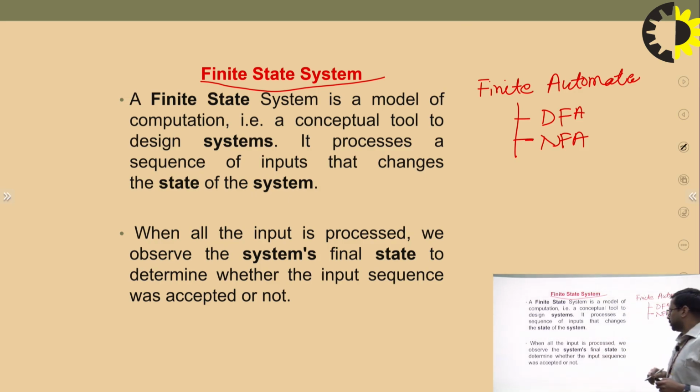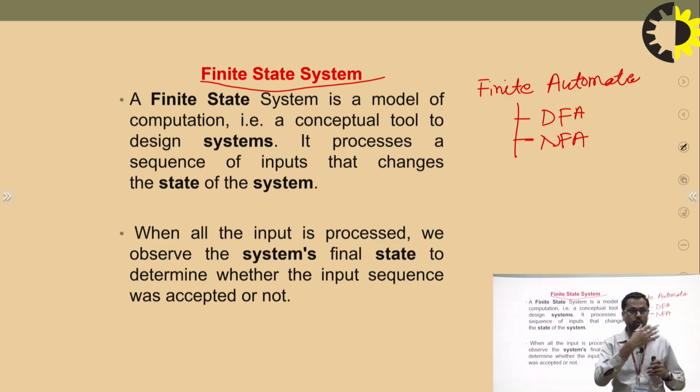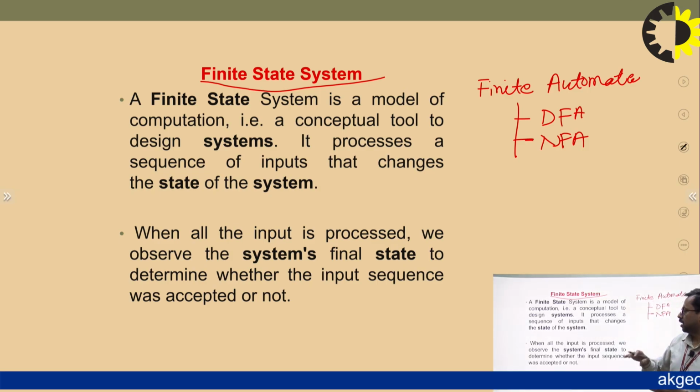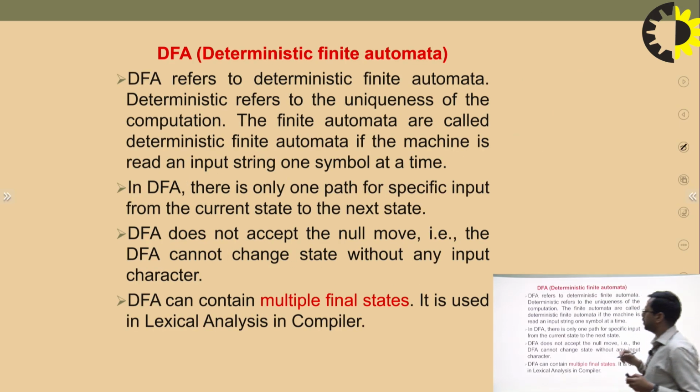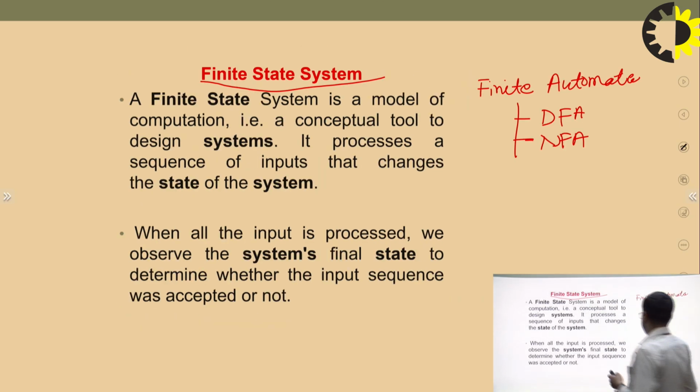When all the input is processed, we observe the system's final state to determine whether the input sequence was accepted or not. Basically, after the initial condition and after applying the input on that particular initial state, intermediate states are generated, and after the intermediate states, the final state occurs. We can represent this in such a way.